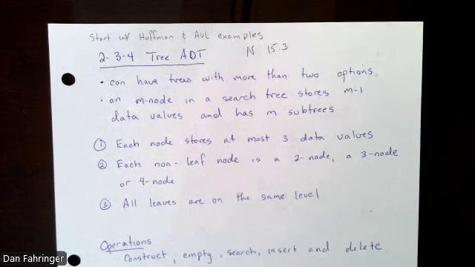So, what is a 2-3-4 tree? Well, it's a tree that can have more than two options. What I mean is, we're going to create a new object and put more than one item in the object.